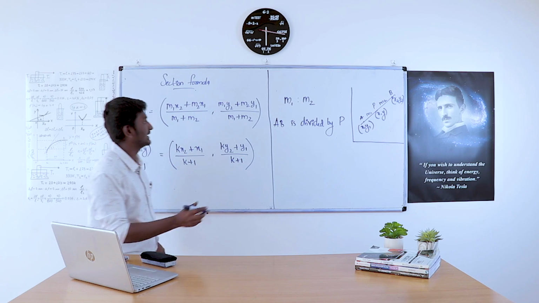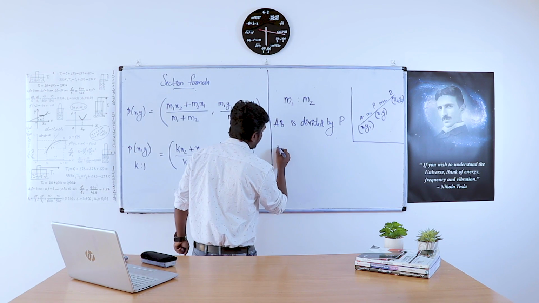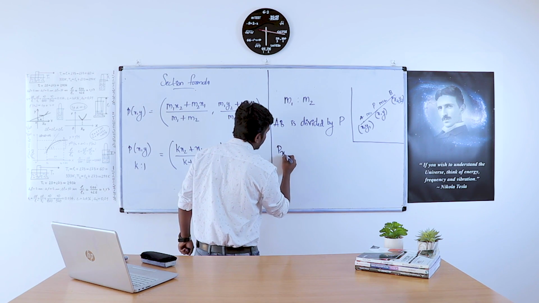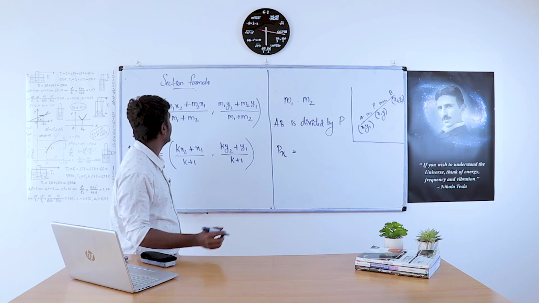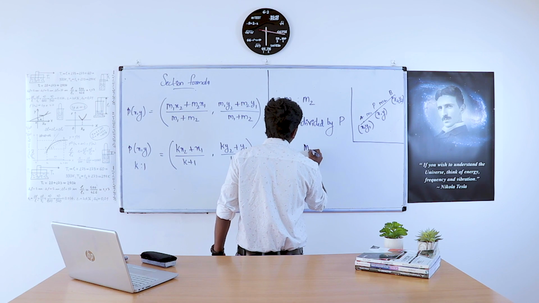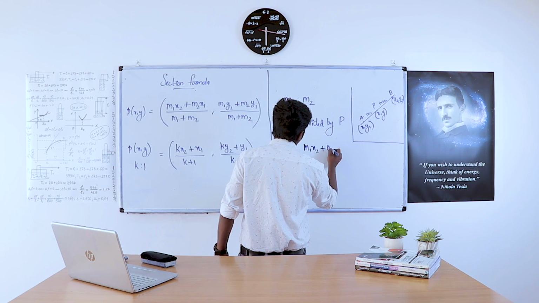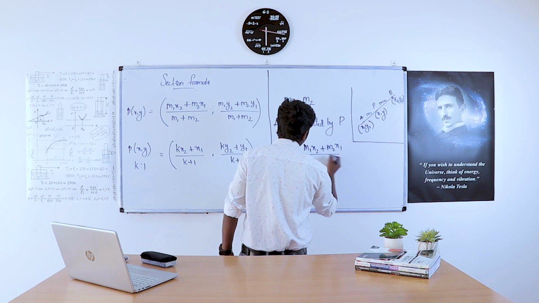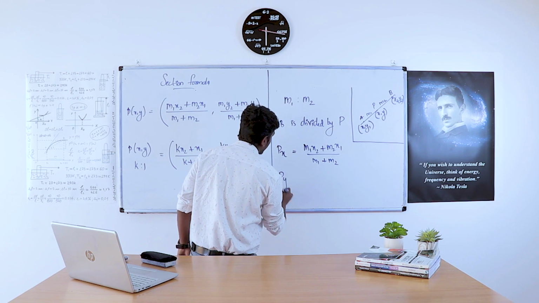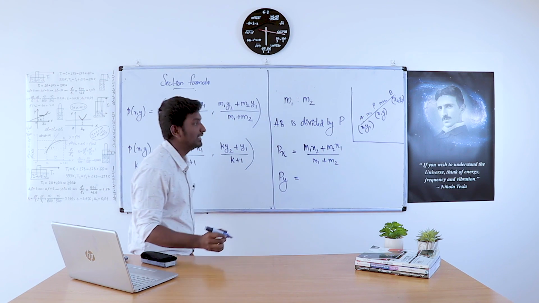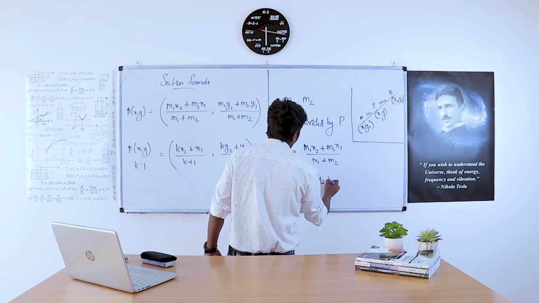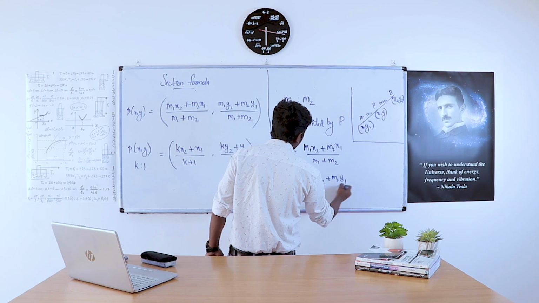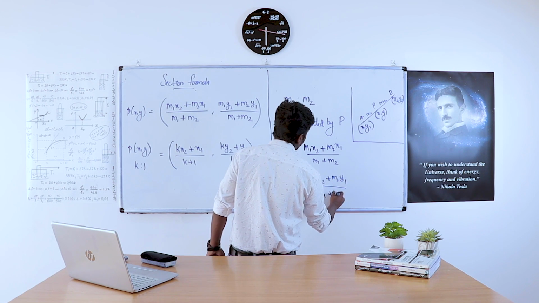That is simply we can say that the x coordinate of P, which I am writing as Px, is M1x2 plus M2x1 by M1 plus M2, and the y coordinate of P, which I am writing as Py, is M1y2 plus M2y1 by M1 plus M2.